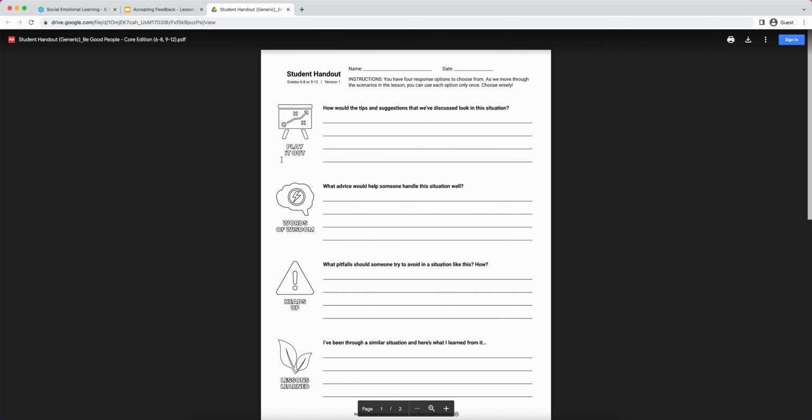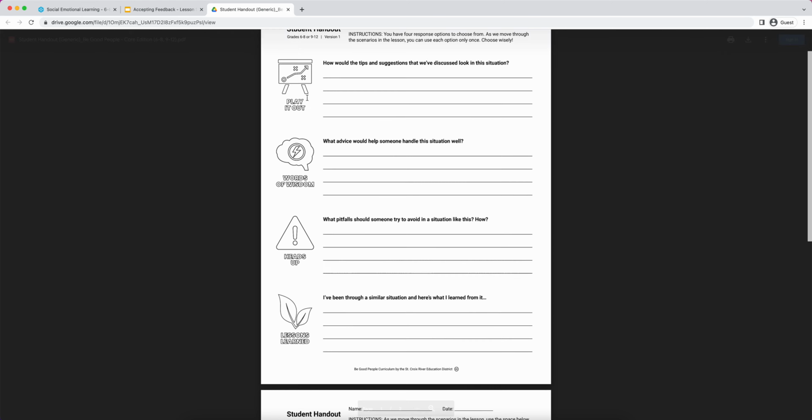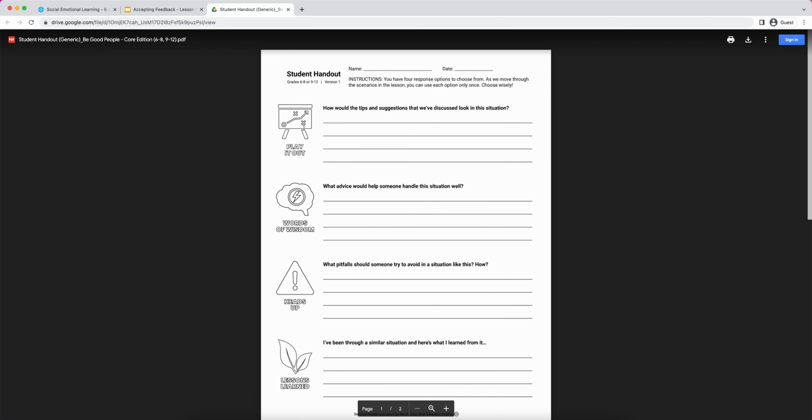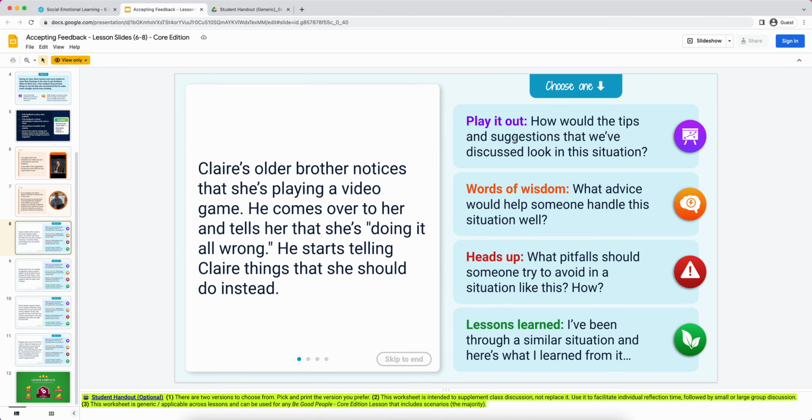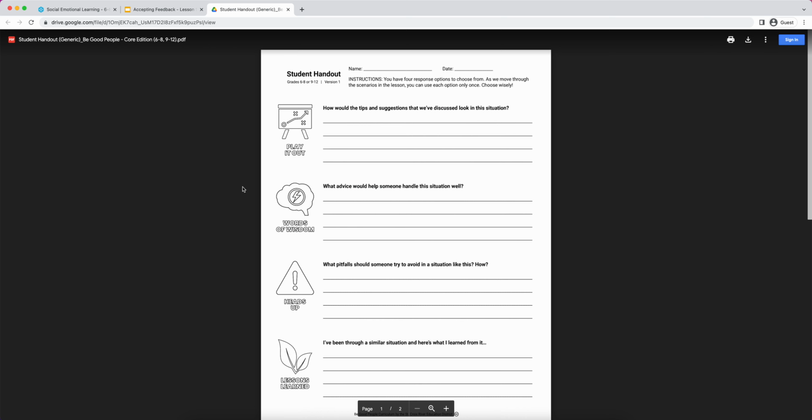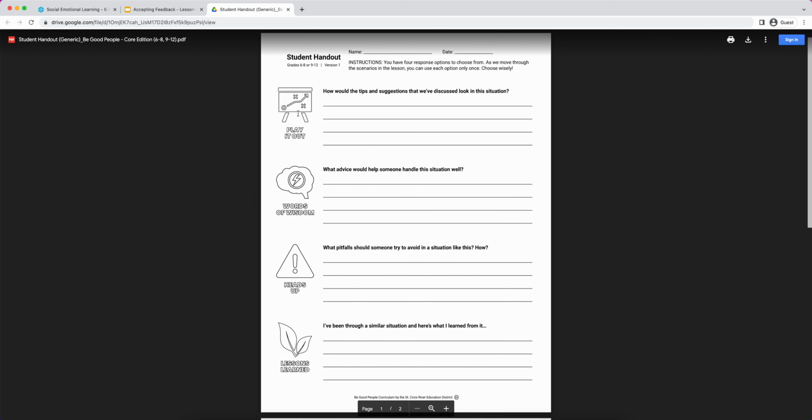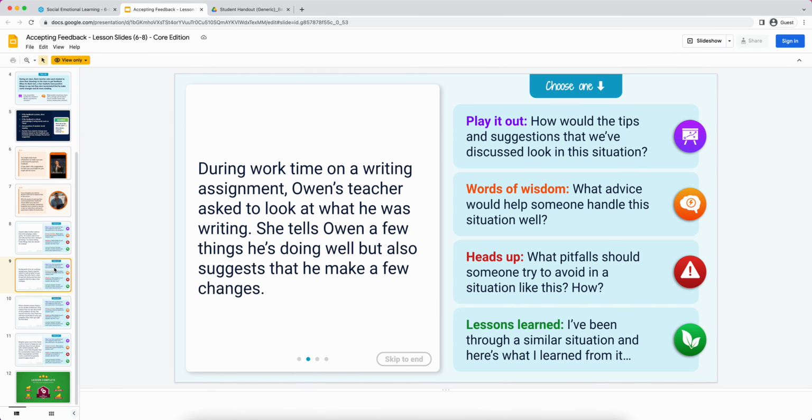And there are two variations. One, if you use this one, would be kind of like there's 4 scenarios, there's 4 ways to respond. So you could put a little pressure on students where, if they use play it out on the first scenario, that's off limits, and they have to then go to one of the other options for the subsequent scenarios.